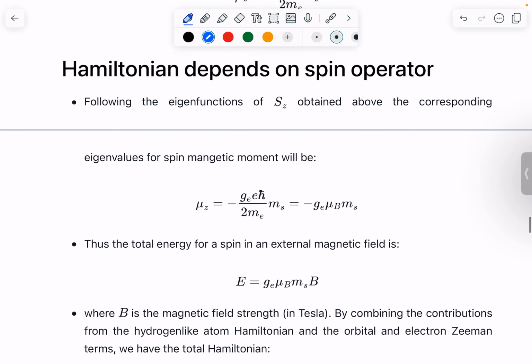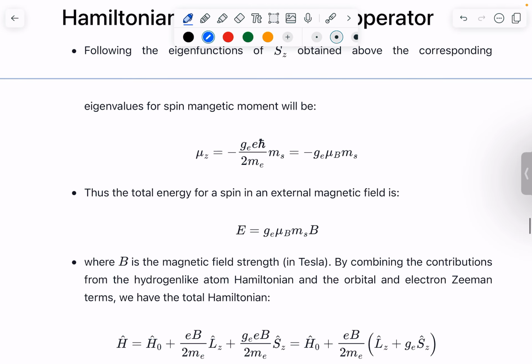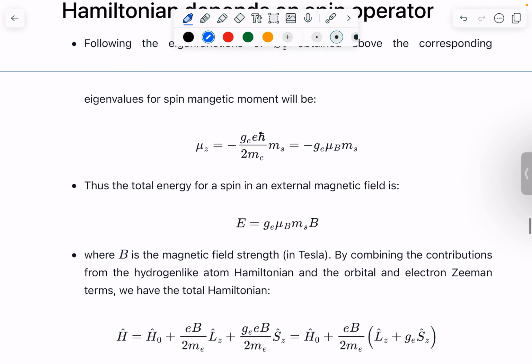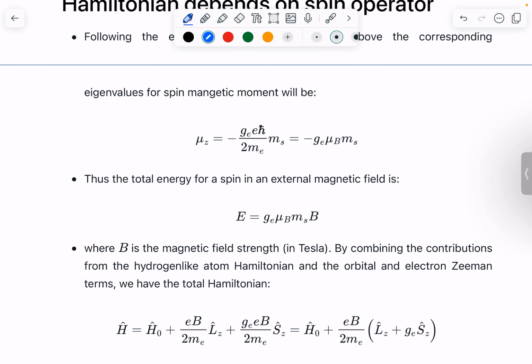And the same way that we did for the projection of angular momentum, for the projection of the spin we have a quantum number that goes +1/2 or -1/2.